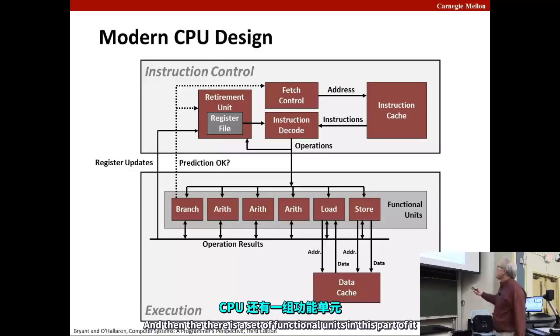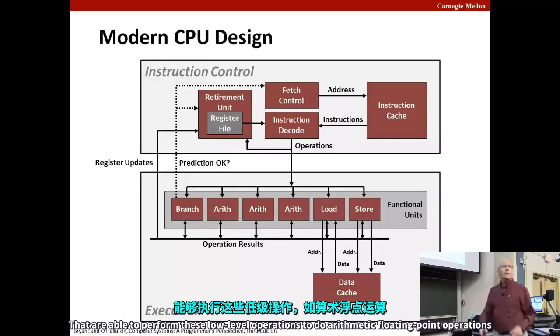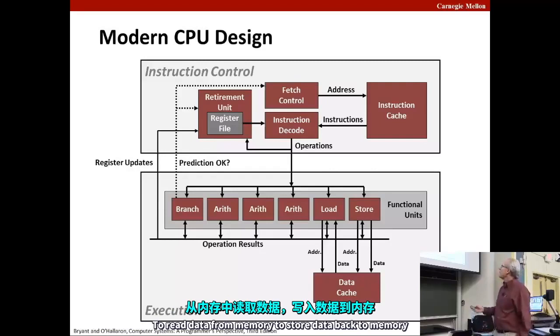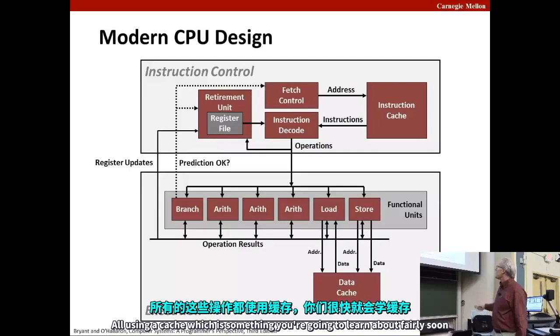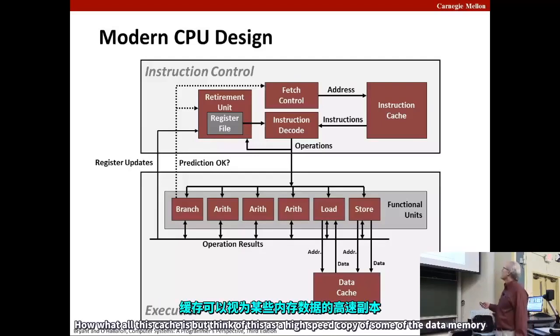And then there's a set of functional units in this part of it that are able to perform these low-level operations, to do arithmetic, floating point operations, to read data from memory, to store data back to memory, all using a cache, which is something you're going to learn about fairly soon, what all this cache is.